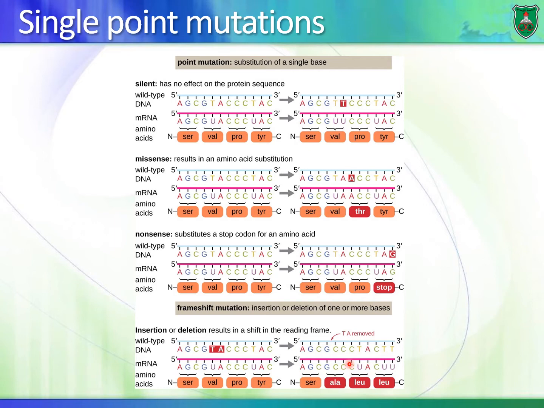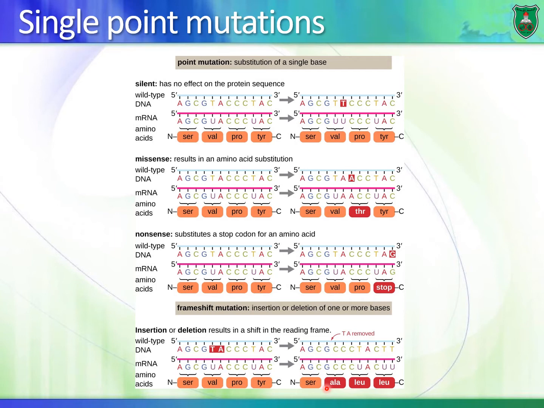So the insertion or deletion of one or two nucleotides would cause a shift in the frame of reading, a frame shift mutation, and that causes the translation of a messenger RNA into a completely different protein.